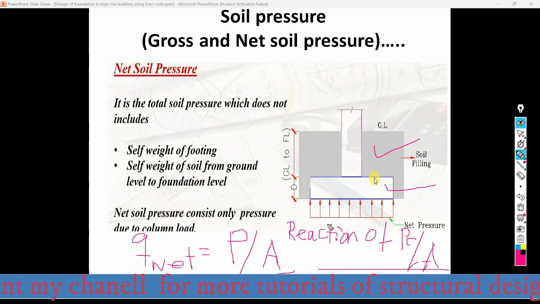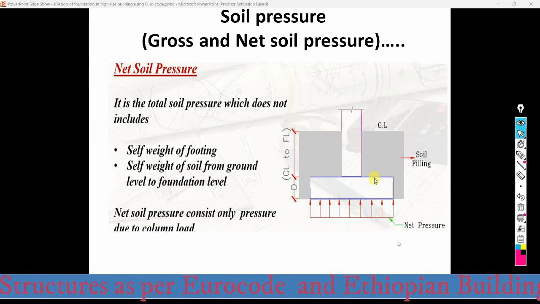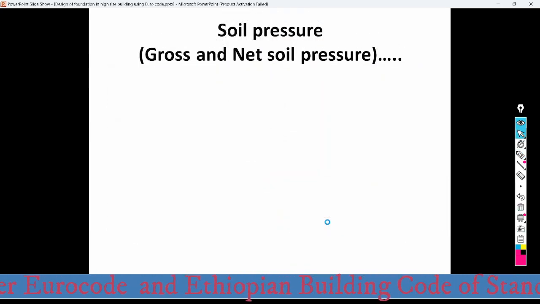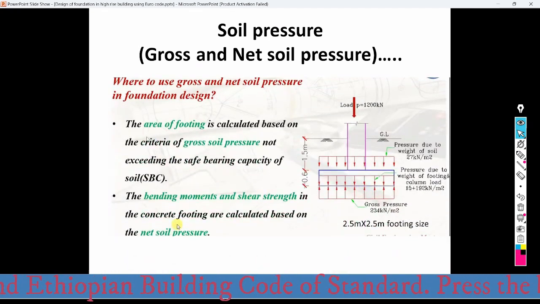So when do we use the gross soil pressure and when do we use the net soil pressure? The next explanation will answer the question. The area of the footing is calculated based on the criteria of gross soil pressure not exceeding the safe bearing capacity of the soil.